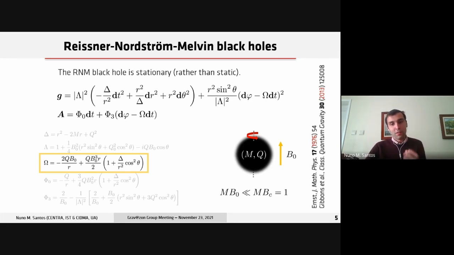If a charged black hole rotates, or if a charged body rotates, it will induce a magnetic field. So you can think the other way around. If an external magnetic field is applied to a charged black hole, the black hole will rotate. That's why we get this stationary solution rather than a static one.